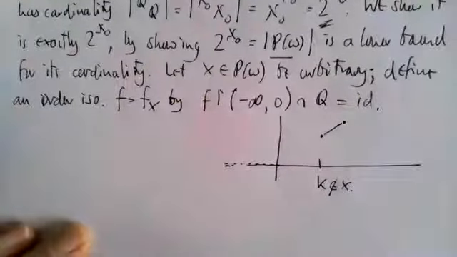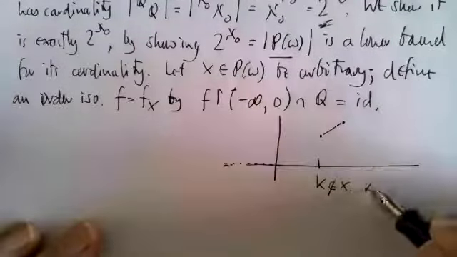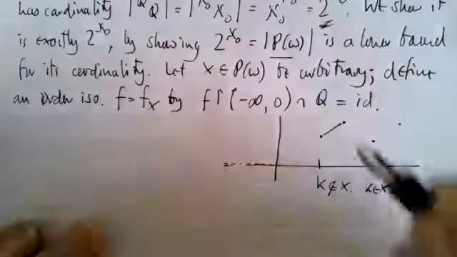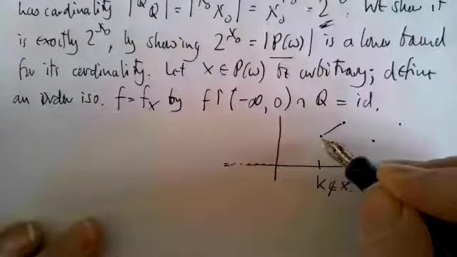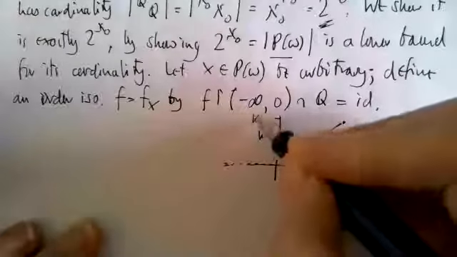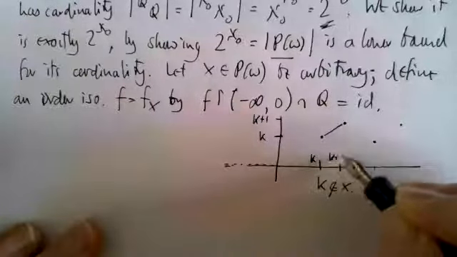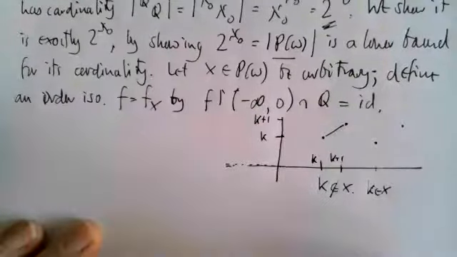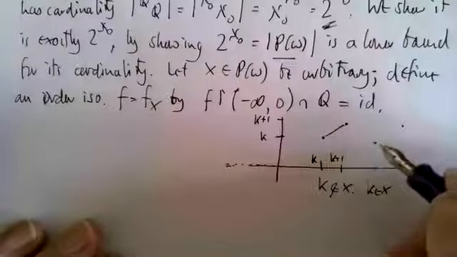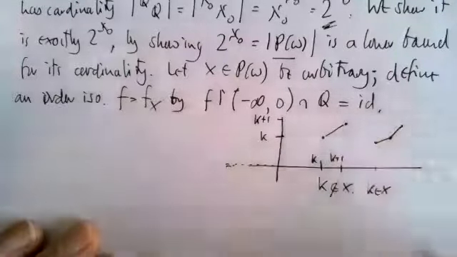On the other hand, if K is in X, then between K and K plus 1 it does something different: we'll just have it grow slowly for the first half and then speed up in the second half.